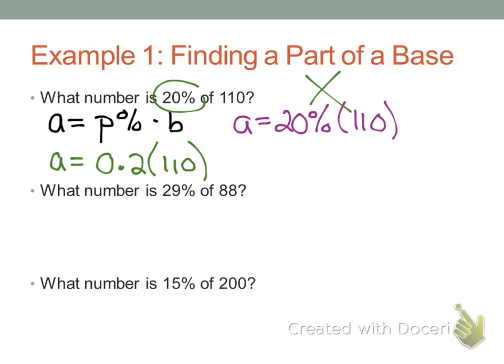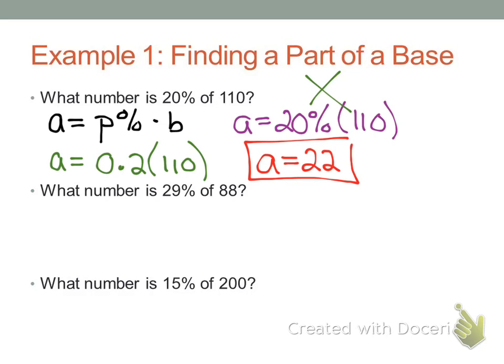Does that make sense? Yes. Okay, so we can skip straight down to here. Just know you're changing your percent to a decimal before you can multiply. Now what is 0.2 times 110? A equals what? 22. Okay, I want you to try the second one on your own.